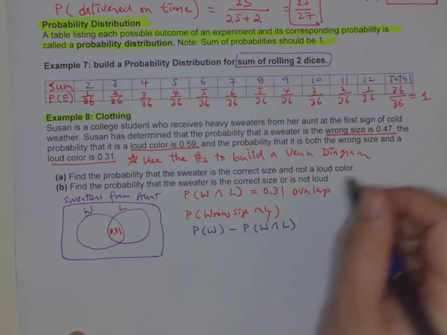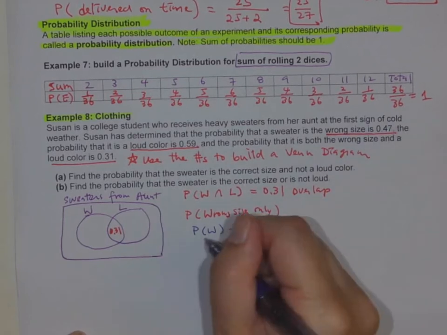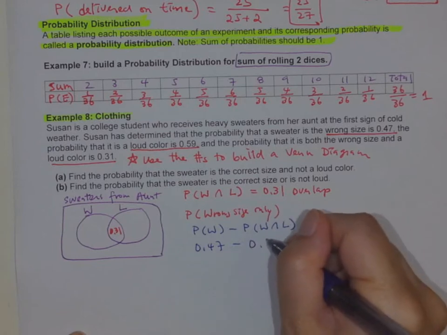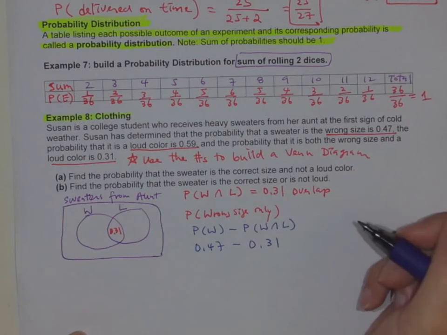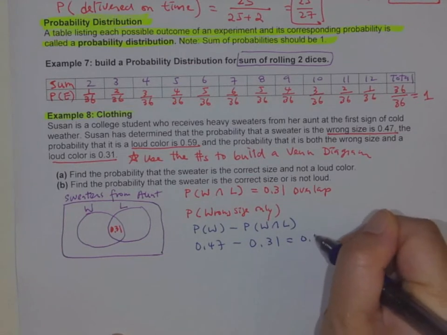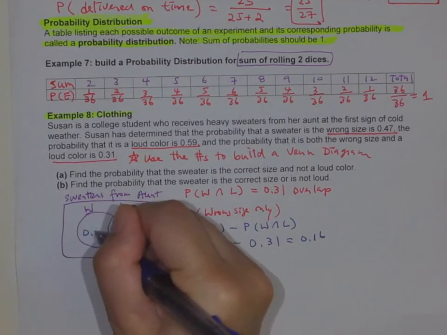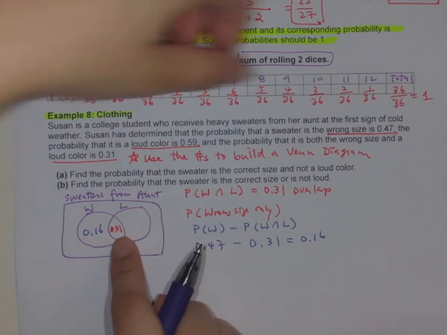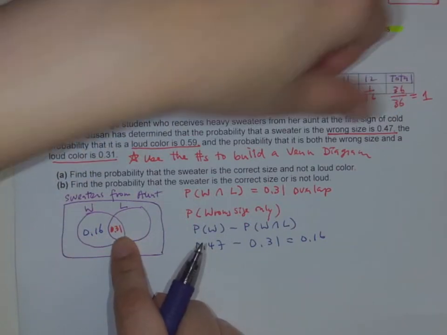So it's going to be 0.47 subtracting 0.31. So that will be 0.16. So 0.16 is here, and if you add 0.16 and 0.31, you will get back to 0.47, okay?